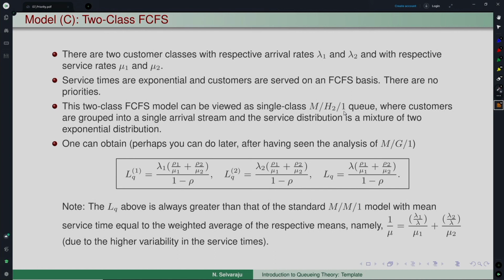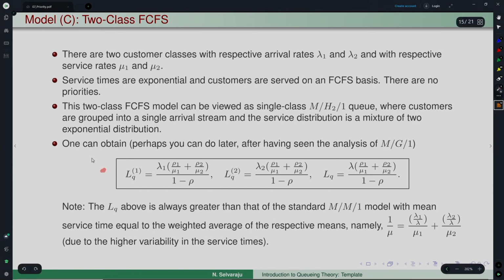Now, for this model we have not dealt with M/H2/1 in any way, but this could be dealt with after having seen the M/G/1 model, which we will do later. If we have the knowledge of M/G/1, then it is very easy to see how we obtain these average performance measures. But right now you take this as granted.